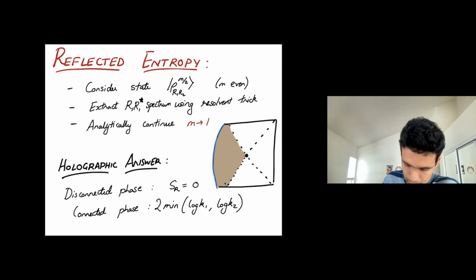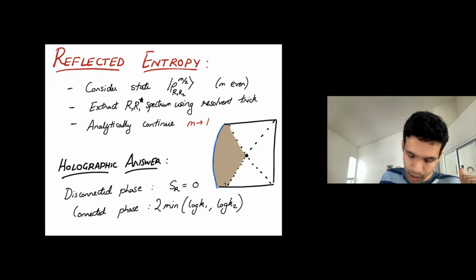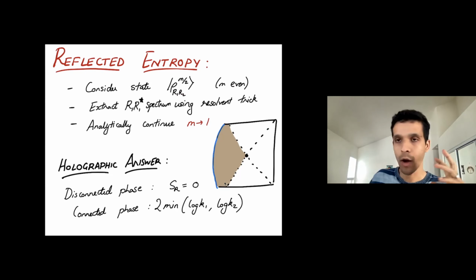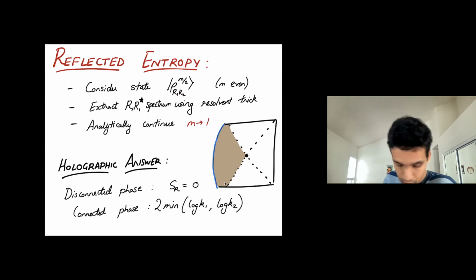Before doing that, let me just say what we should expect. The parameters in this problem were basically the black hole entropy, which was fixed by S0, perhaps the black hole temperature beta, and K, which was the number of flavors. Depending on how these compete with each other, one can be either in the disconnected phase or the connected phase in the context of entanglement entropy. The disconnected phase is where the radiation does not have an island.